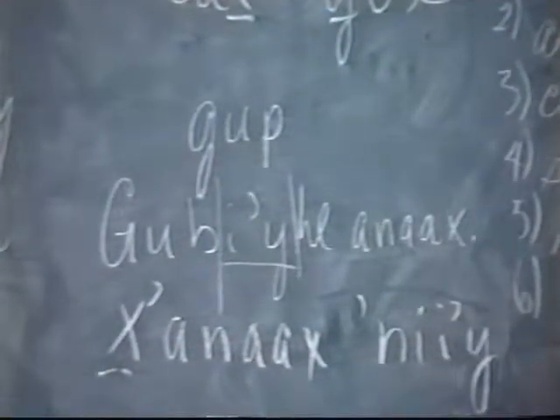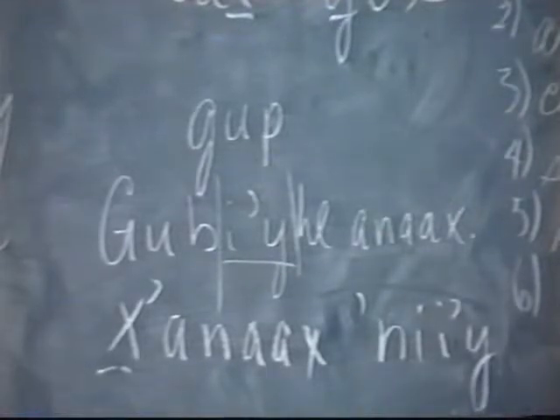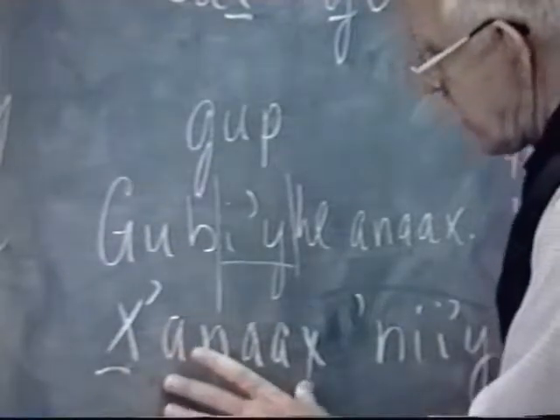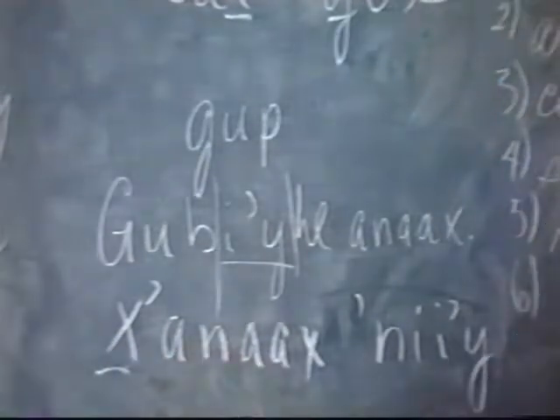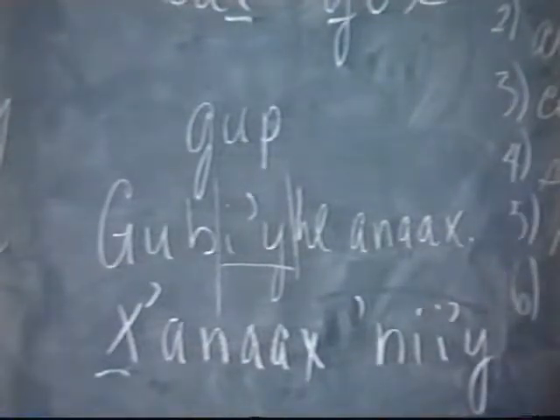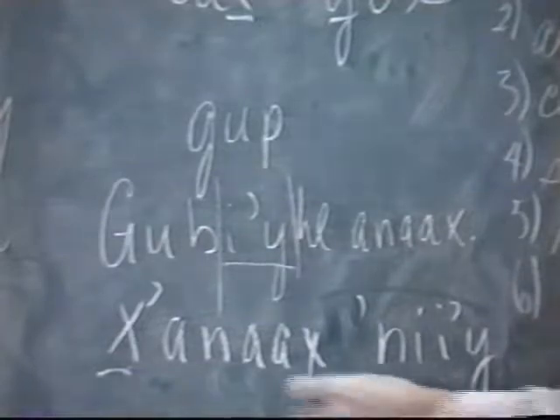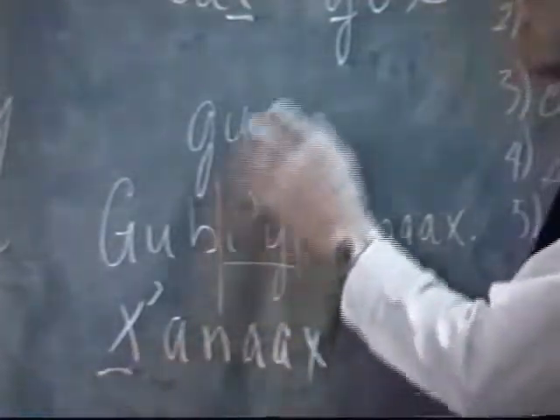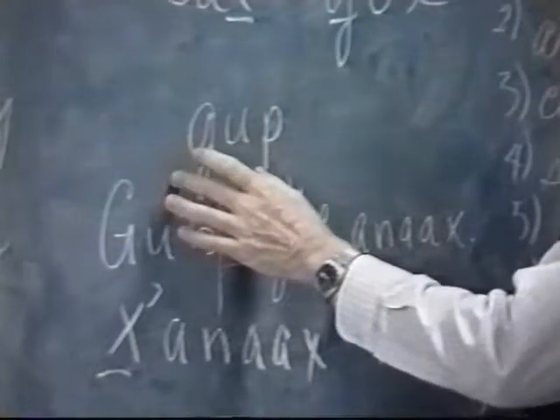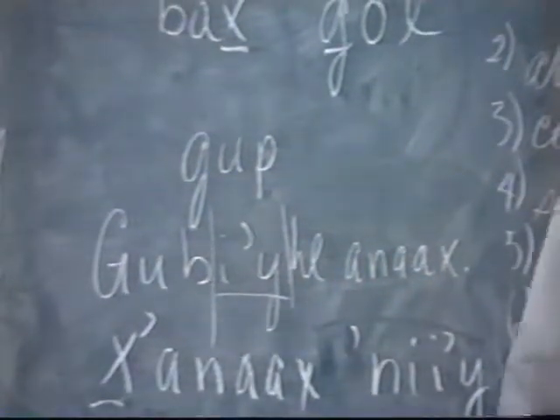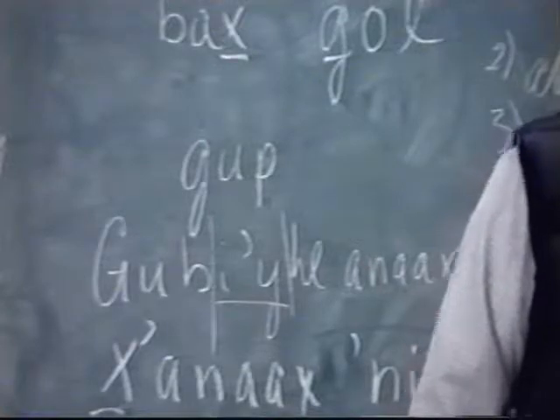Not the specific bread, but I ate some bread, or I ate bread, or I eat bread. But notice, so the anash right here is obviously the bread part. The ch is the part that means eat. But notice the ch doesn't look anything at all like goop. Doesn't sound like it. But yet we understand it as meaning eat.